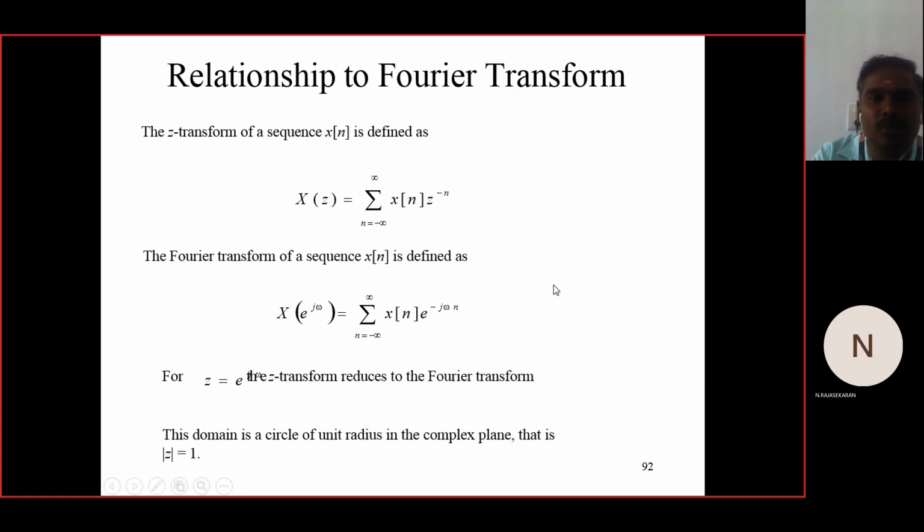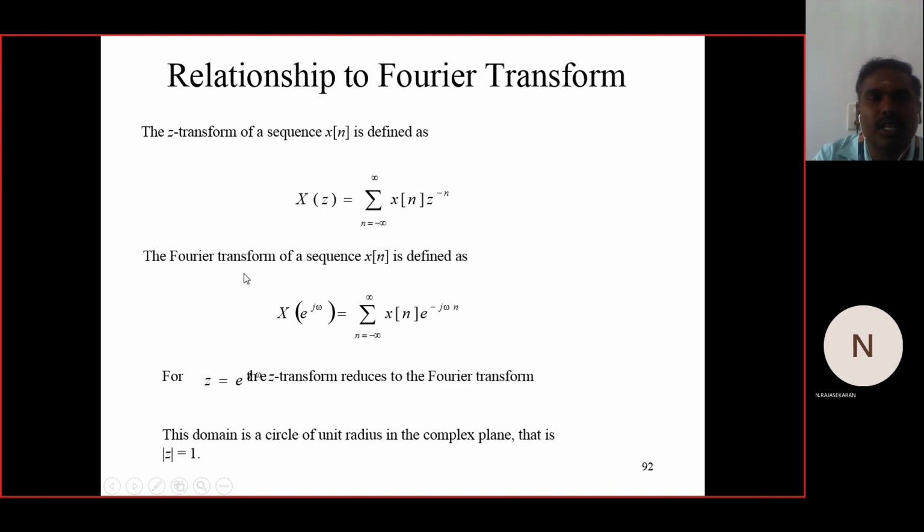Then the relationship to the Fourier transform. So the Z transform of a sequence x of n is defined as X of z, which is nothing but summation of n equal to minus infinity to plus infinity x of n z power minus n.